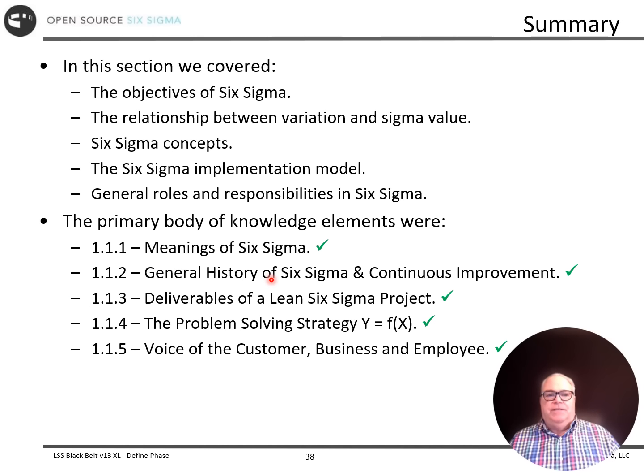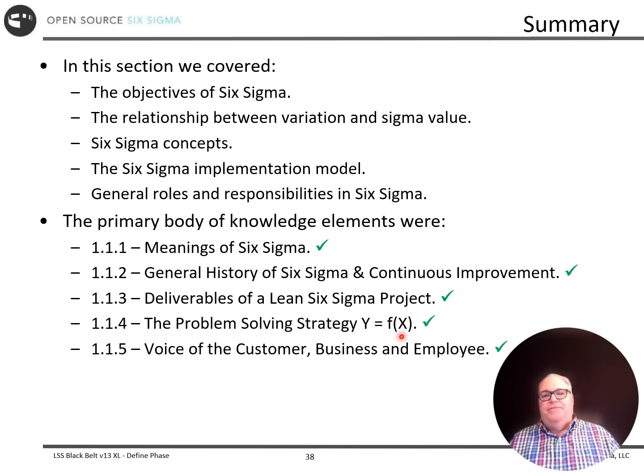The meanings of Six Sigma, history of Six Sigma. We went through from Motorola on to GE and beyond. Deliverables, and we'll talk more about deliverables in each section. We covered mostly the deliverables of define here, but we'll continue on that journey.